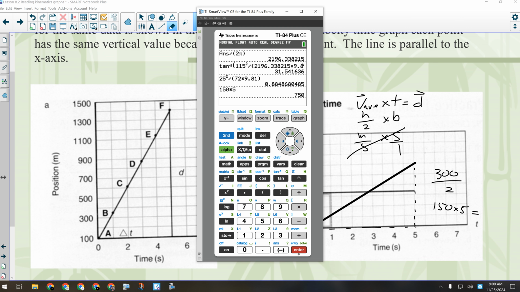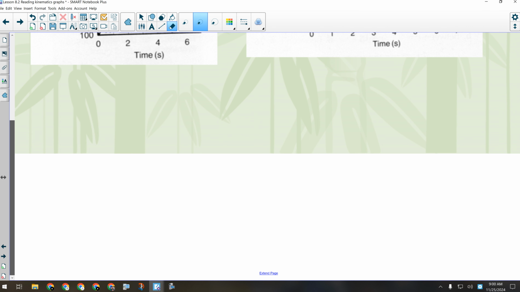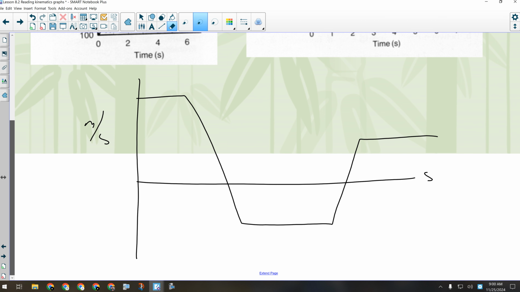Okay. Would what we do change if we had a graph that had shapes all over it? What if I had a velocity versus time graph that did that? Could I still use the same thing we just did? I absolutely could. I just have to break the graph up into shapes.